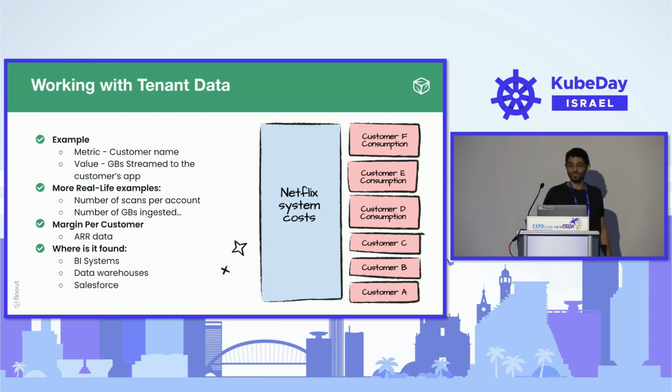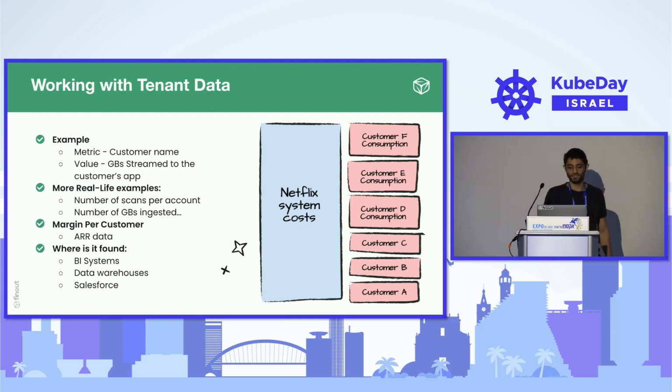And where can you usually find this sort of data? So companies usually store this in their BI systems, where they store their entire list of customers and all of the metadata on them, and the ARR and the usage in the system per month is usually there. It's often streamed into data warehouses.